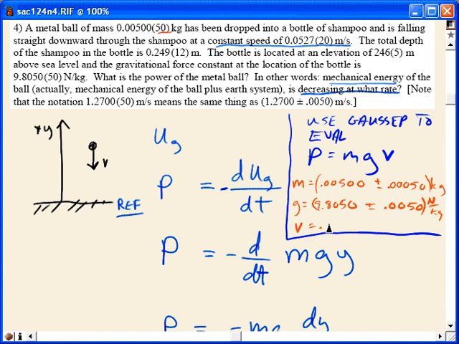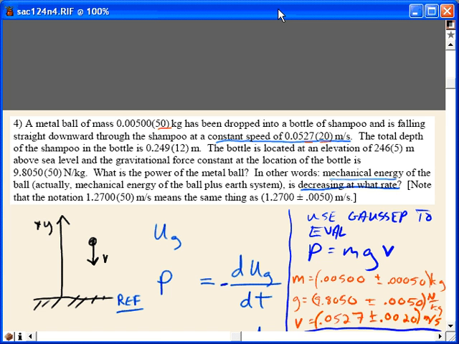And then v, given as 0.0527, plus or minus, and these two digits right here are uncertain, so it's 0.0020, and the units are meters per second. So I've got to plug all that stuff into GUM CP.